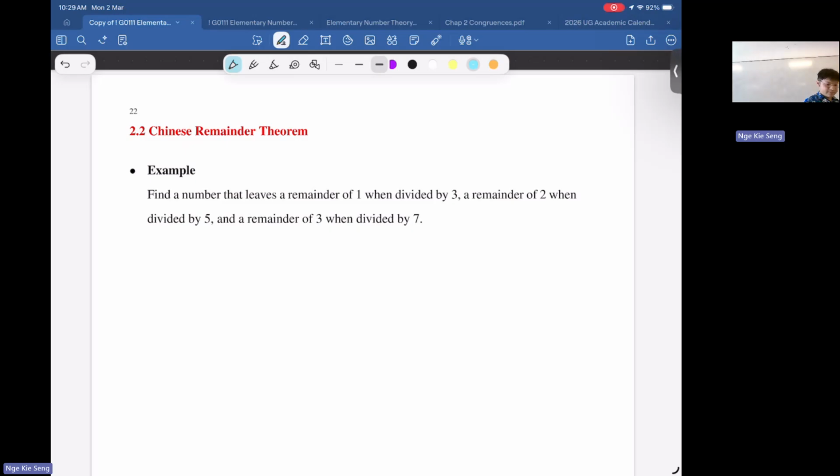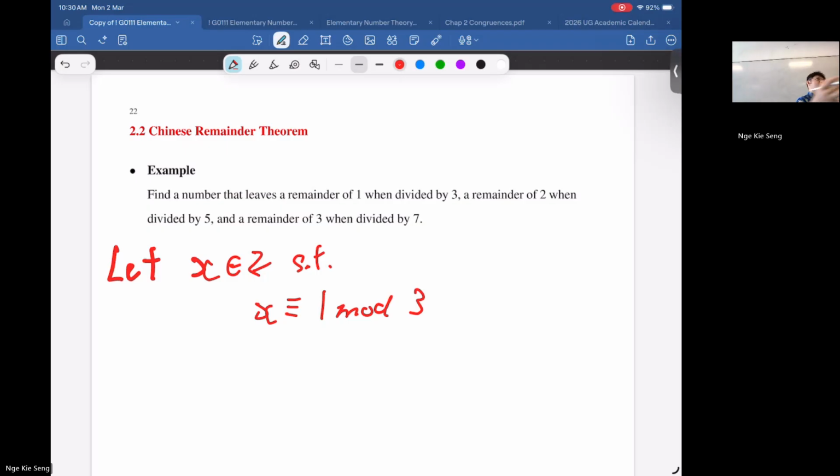So let x be in Z such that x is congruent to 1 mod 3.